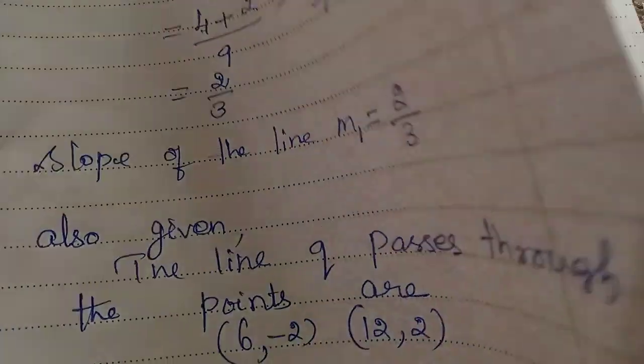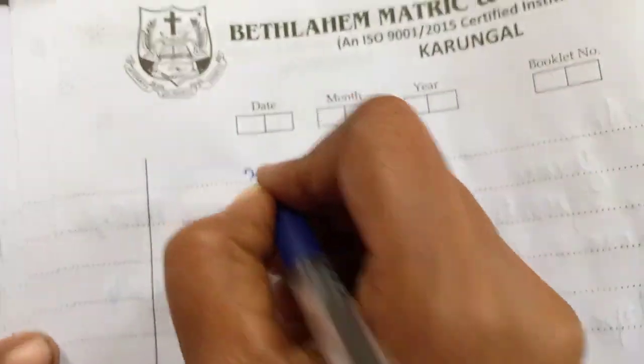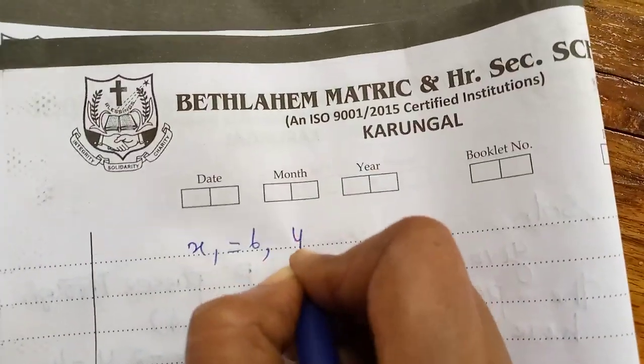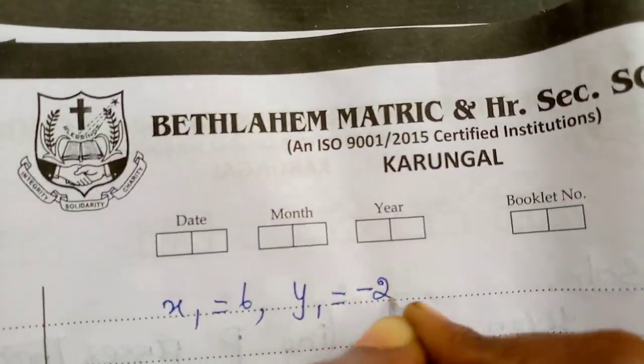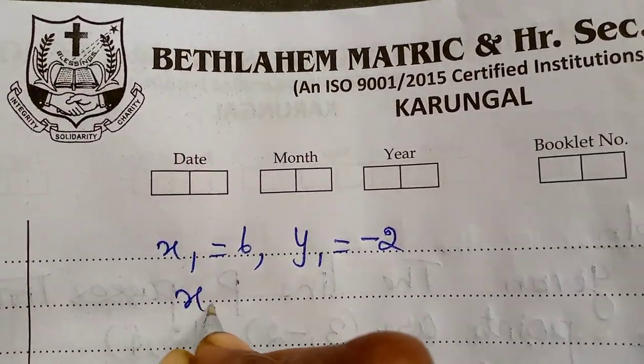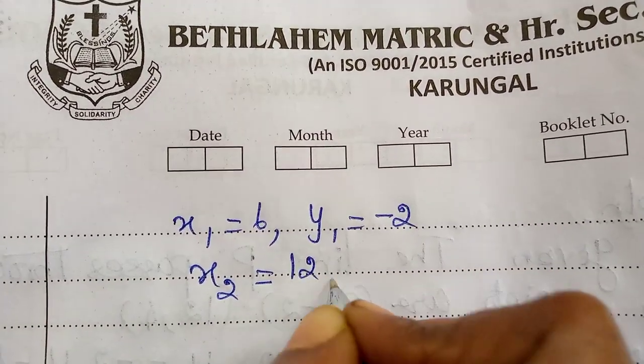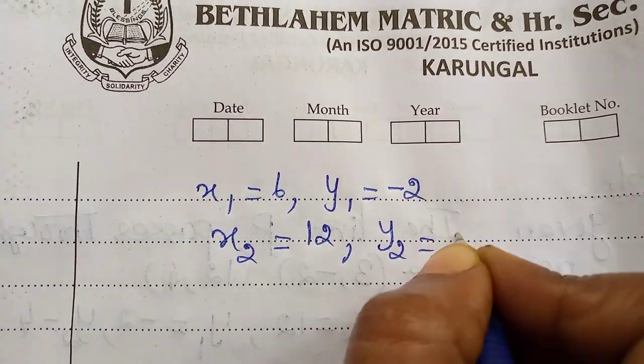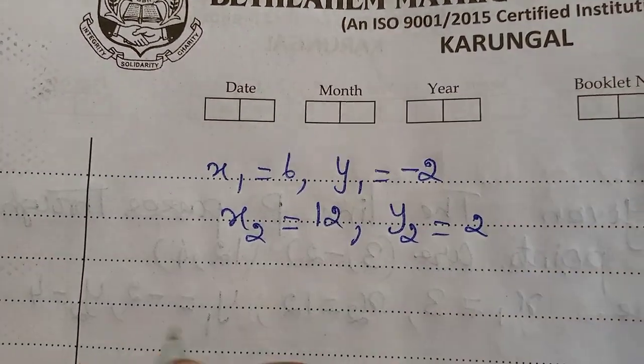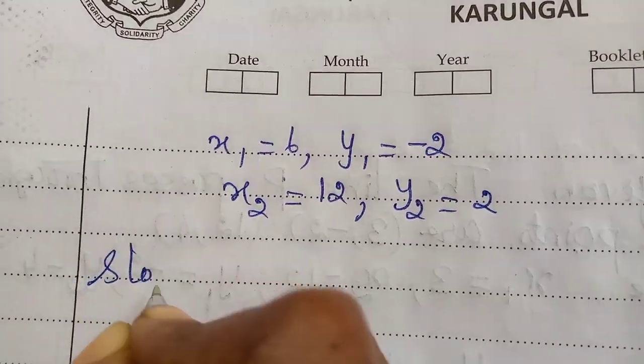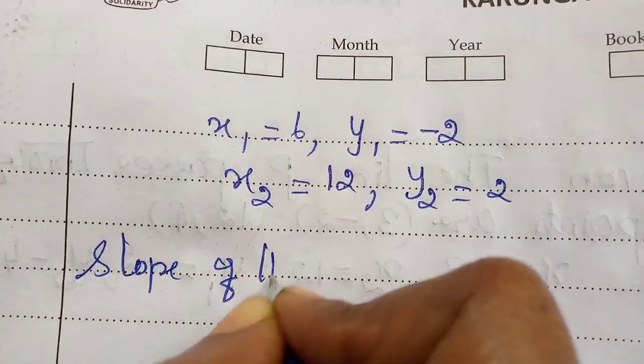Let's write x1, y1 and x2, y2. x1 is equal to 6, y1 is equal to minus 2, x2 is equal to 12, y2 is equal to 2.